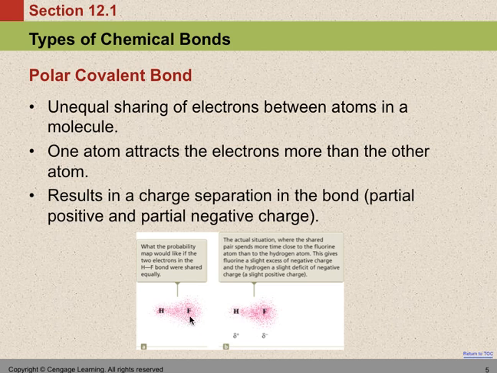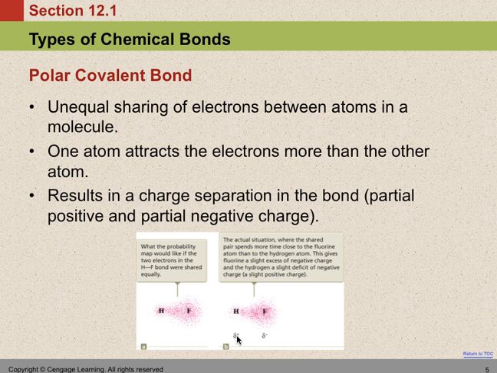Because the electron is held or attracted more to the fluorine, that fluorine half of this molecule is said to be partially negative, and that's a symbol that you can use to show that. The hydrogen is then partially positive. And again, these are polar bonds that we'll talk about when we get to bonding.